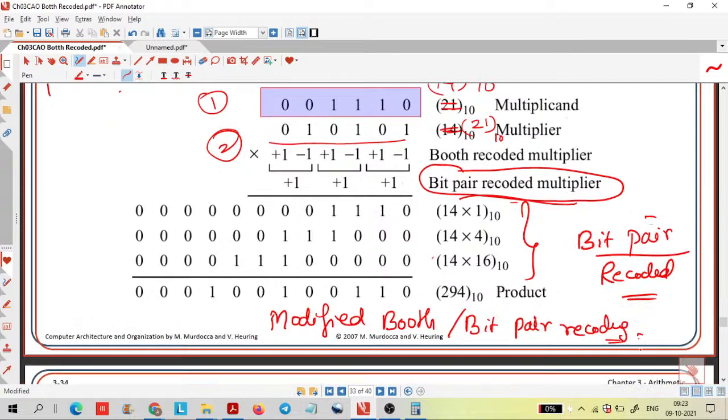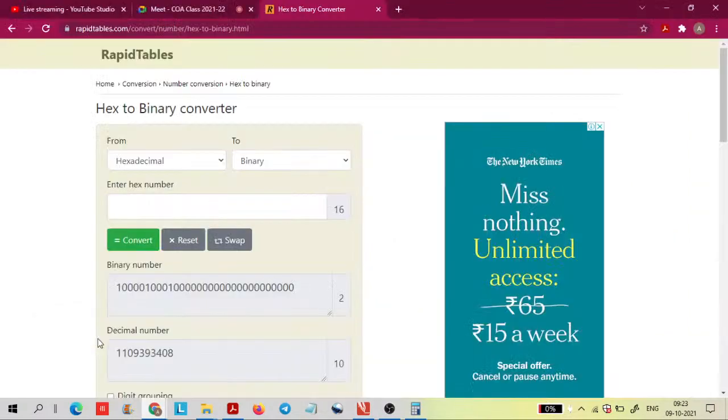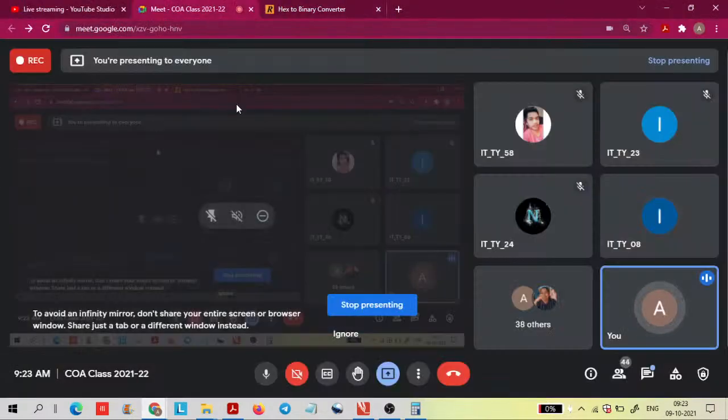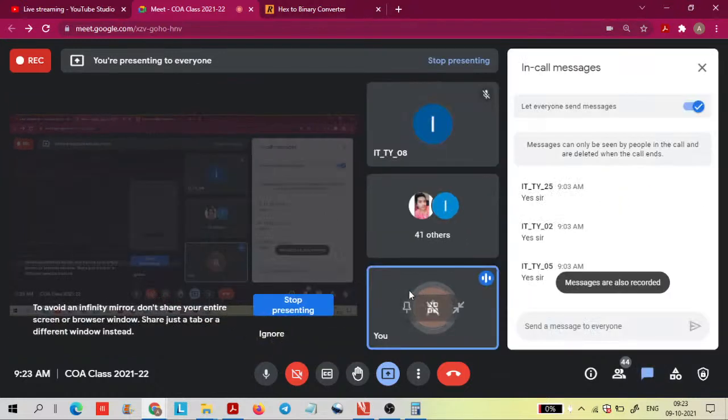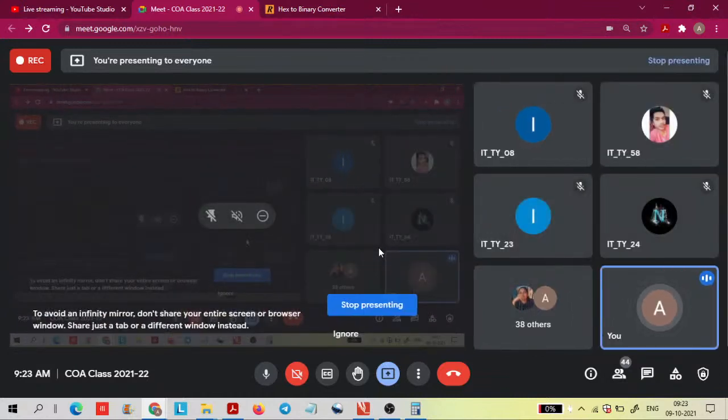Yes, let me know if any doubt in this. Yes, any doubt? So in total there are three methods for the multiplication algorithm.